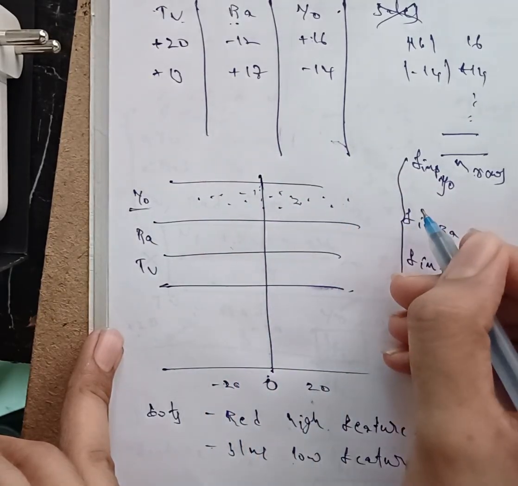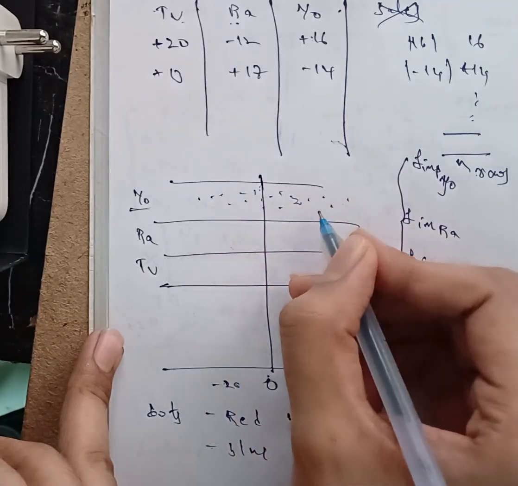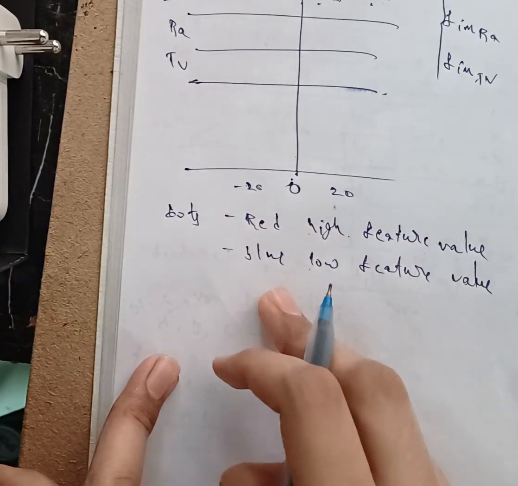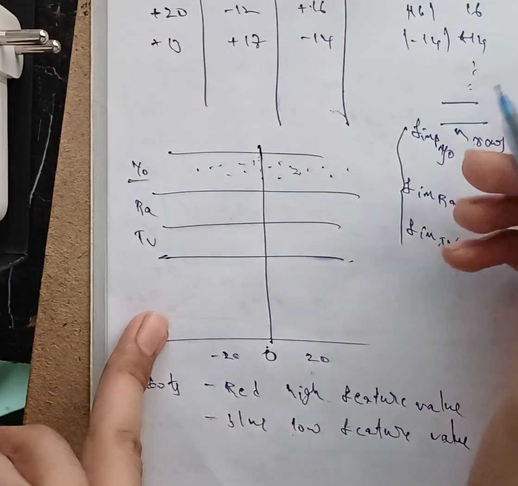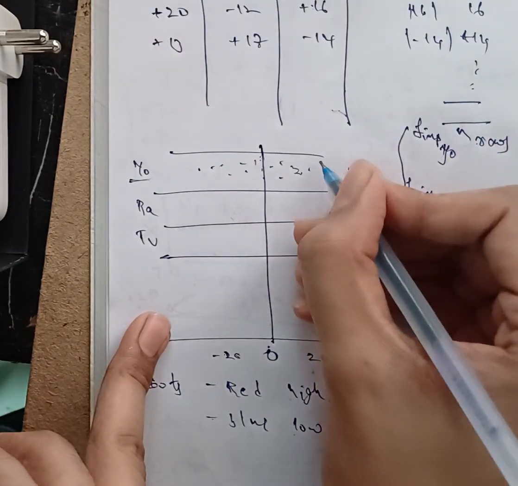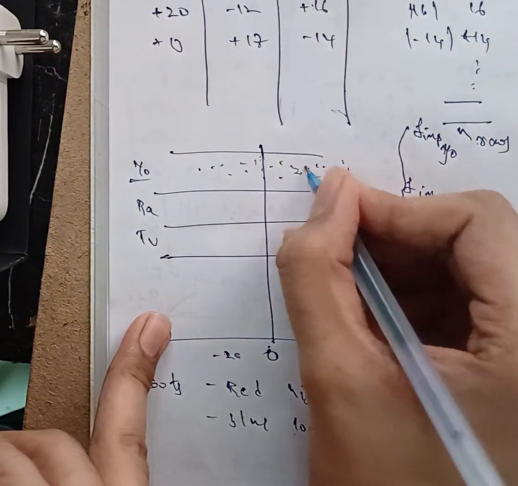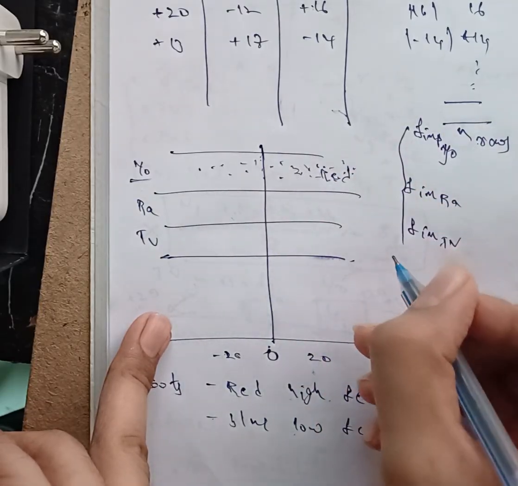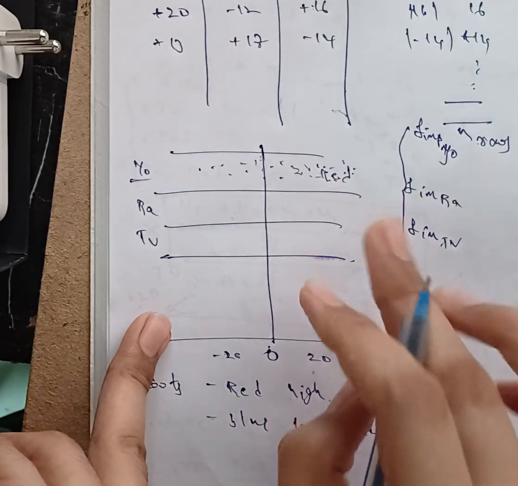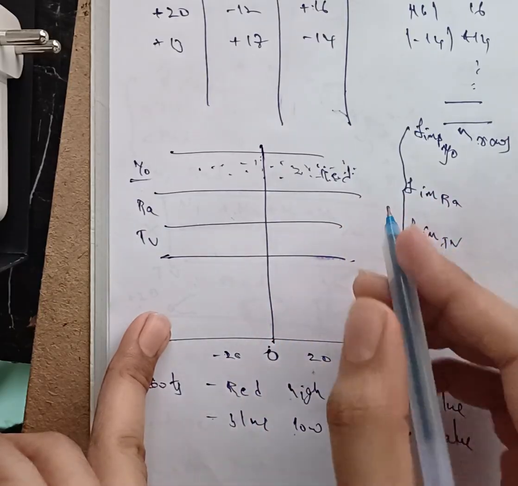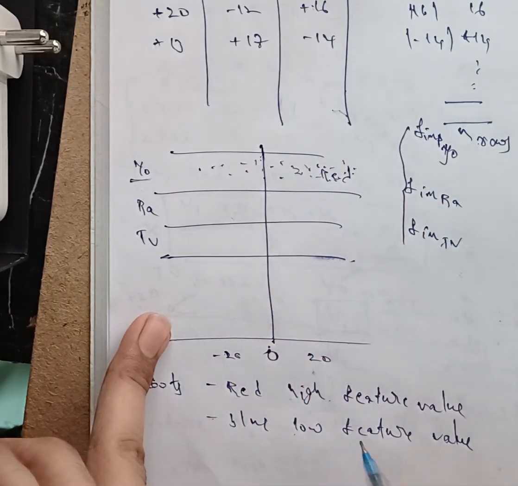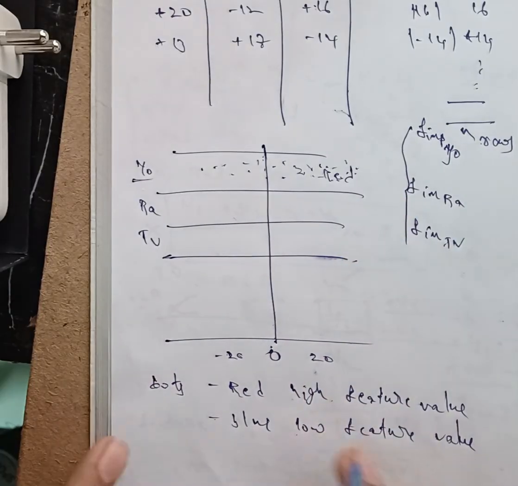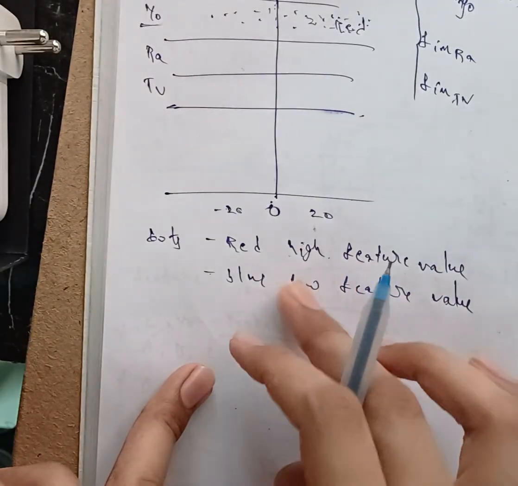Let's say these dots will be either red or blue. As I mentioned, these dots will be either red or blue. Let's say if we have more red dots on this side, these are red. So what it signifies is, as I said, red means high value.